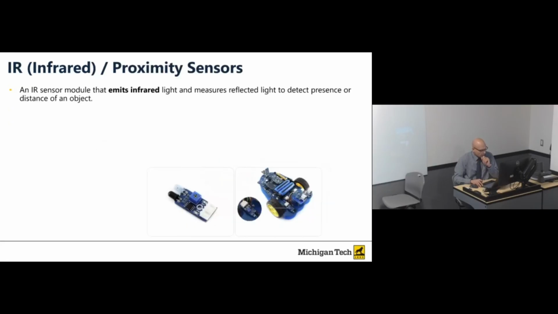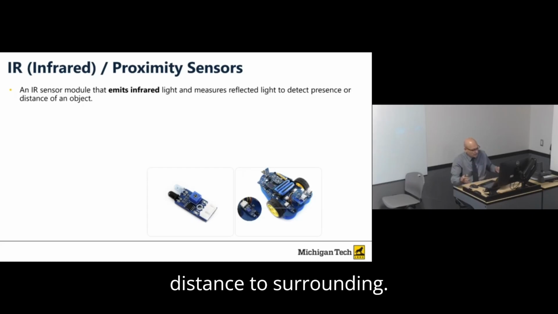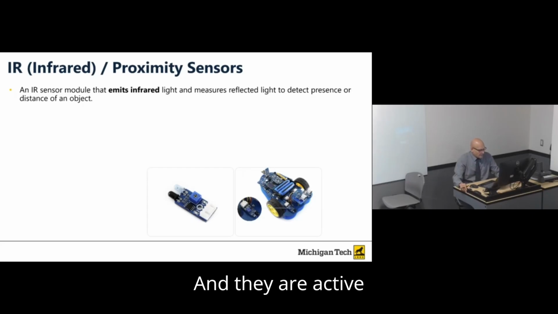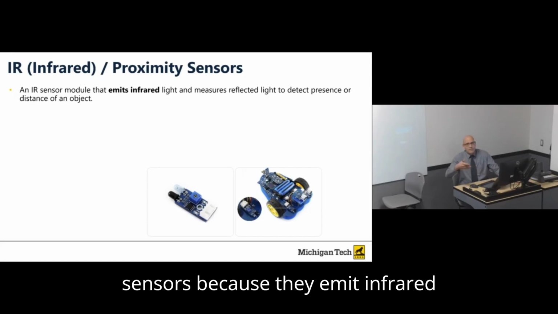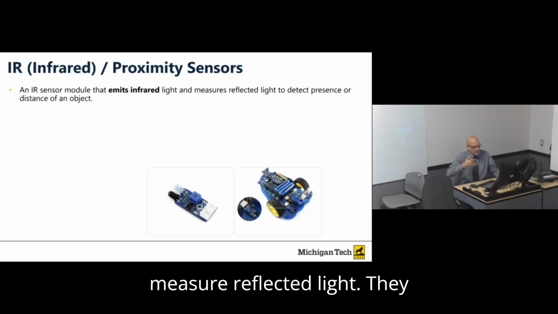Another one is IR, infrared, sometimes proximity sensor, that gives you the distance to surrounding. They are active sensors because they emit infrared and they measure reflected light.